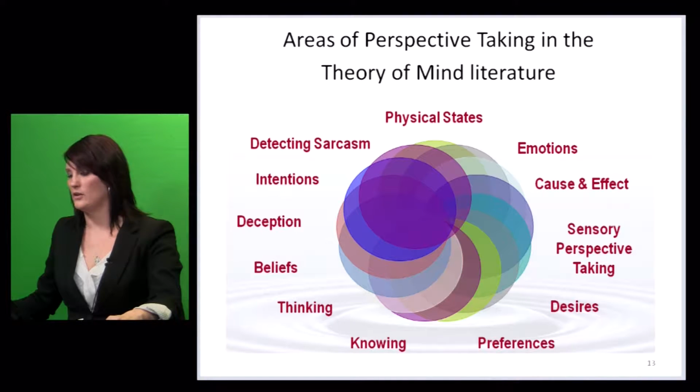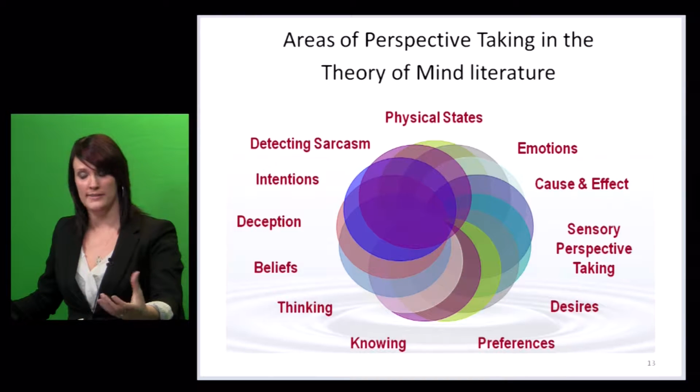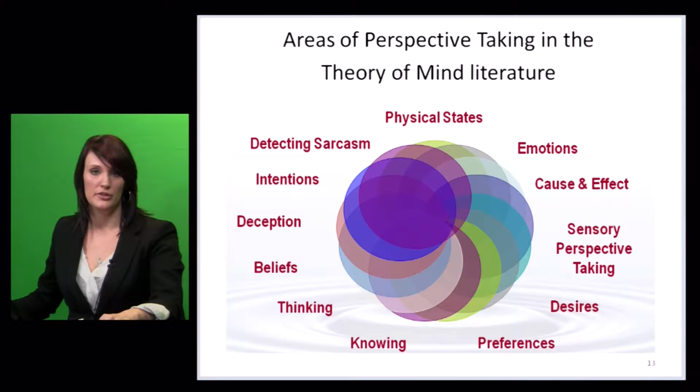Sensory perspective taking, which is one of the simpler forms of perspective taking, and we will discuss this specific form in more detail in a few slides. Desires, so what one wants. Preferences, what one prefers at any given moment. Knowing, so how do we know if something's true or something's false, or how do we know what is going on in our environment. Thinking, which of course is our thoughts and private events.